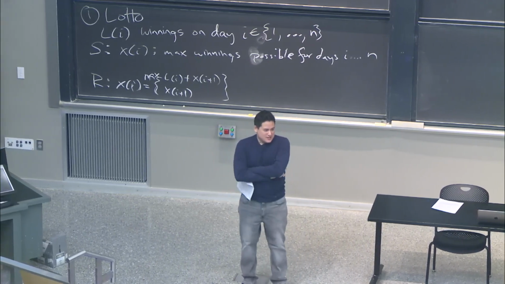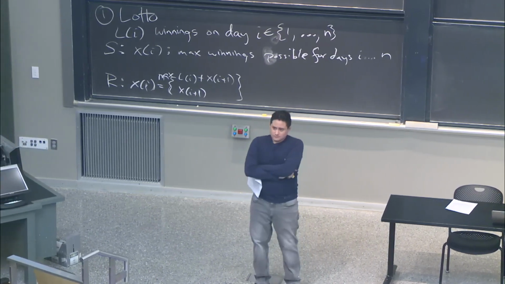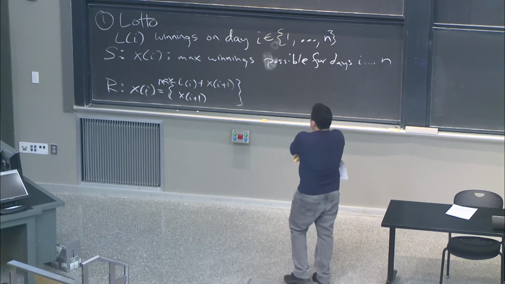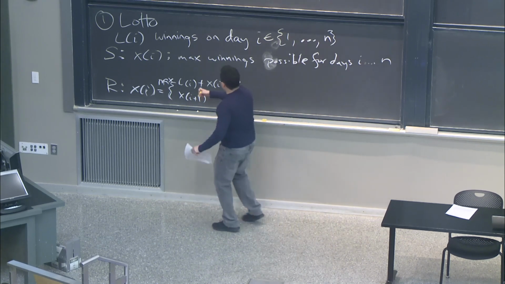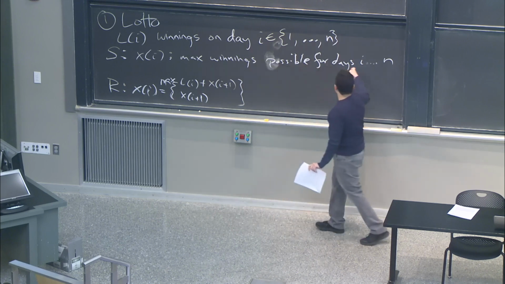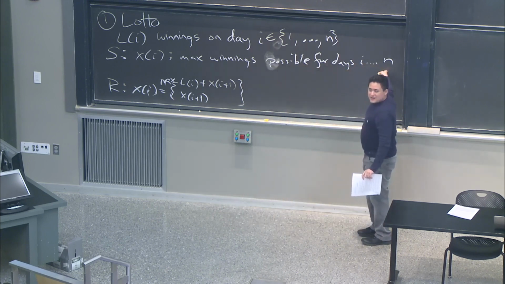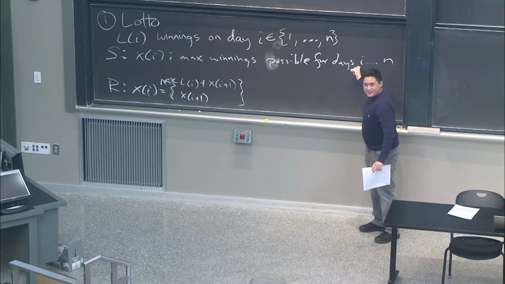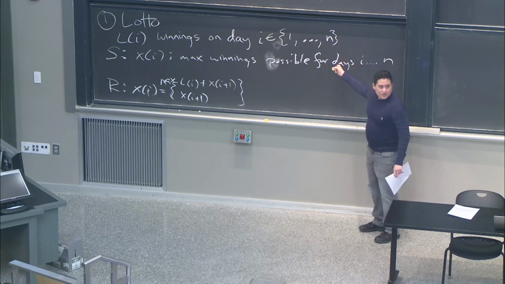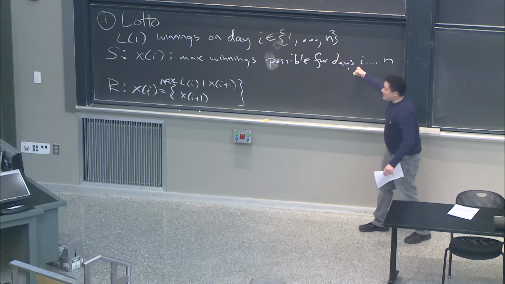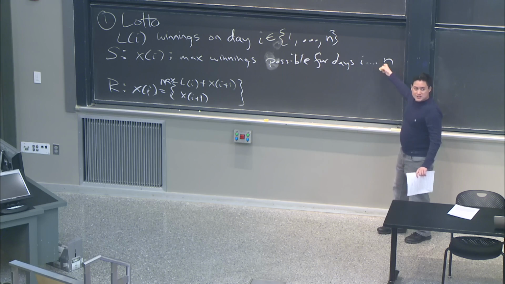It seems a little daunting. In a sense, this is max winnings possible for days I to n, but in some sense it depends on which days I picked before, right? Because if I picked I minus 1, I can't pick another day for another 6 days.